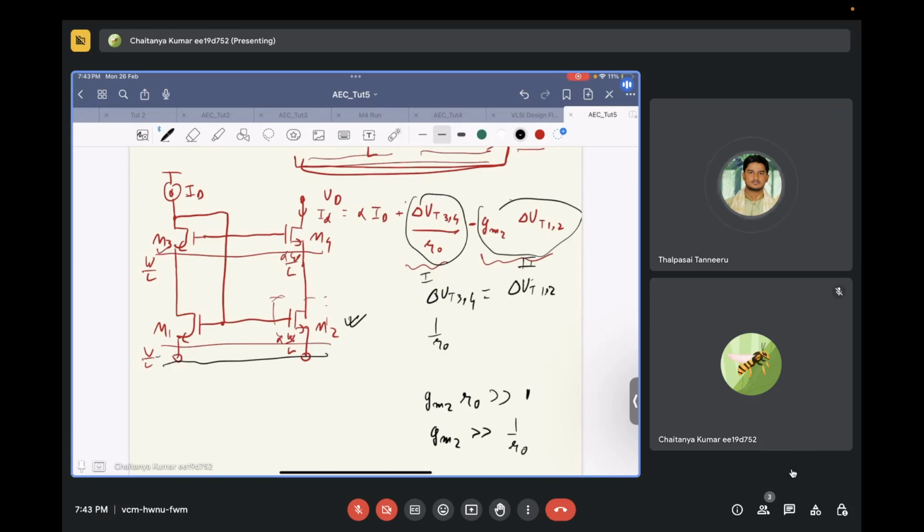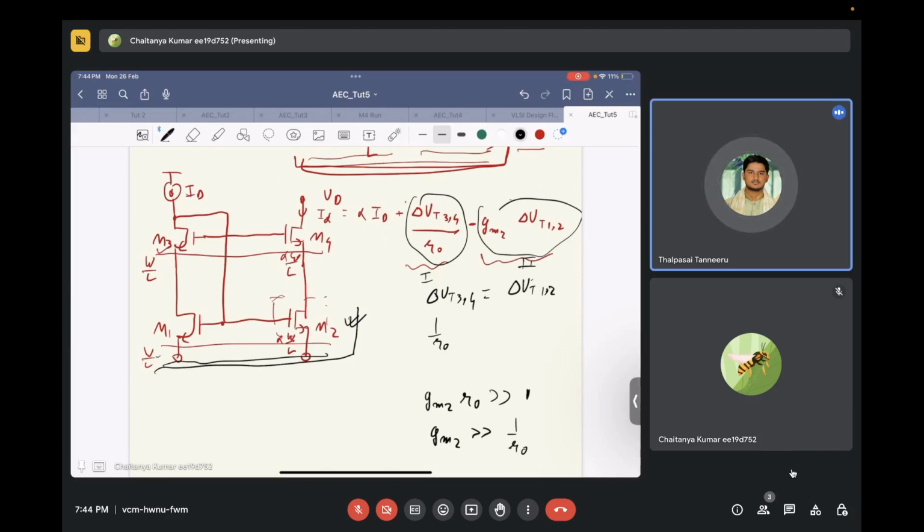So the W into L of the lower transistor we keep much higher than the W into L of the upper transistor, so that the error in the current due to mismatch of threshold voltage is prevented. Exactly, sir. Yes, sir.